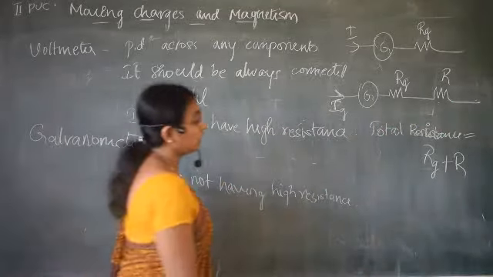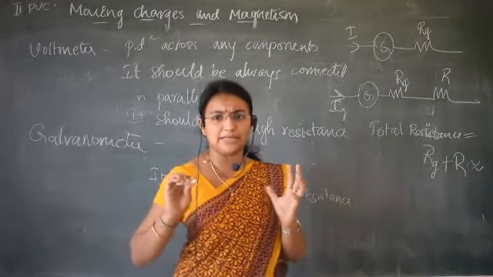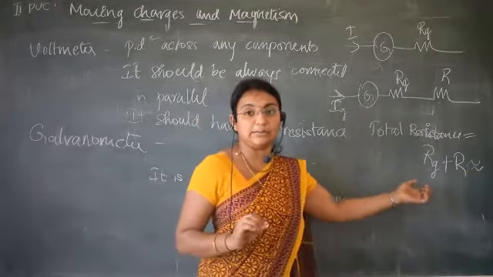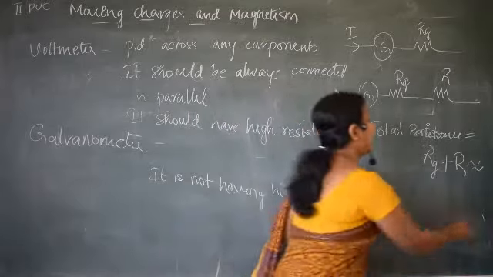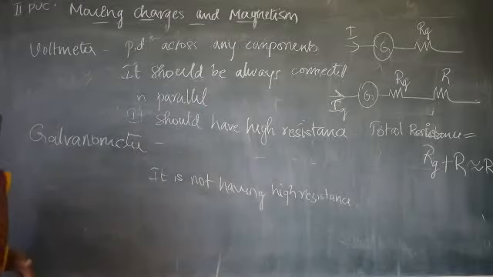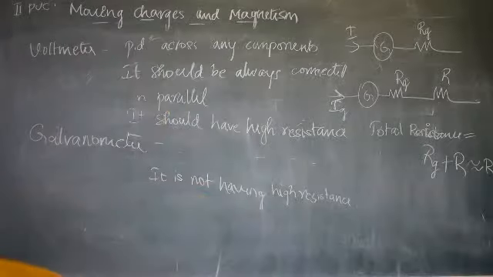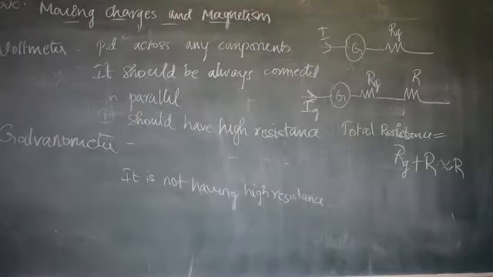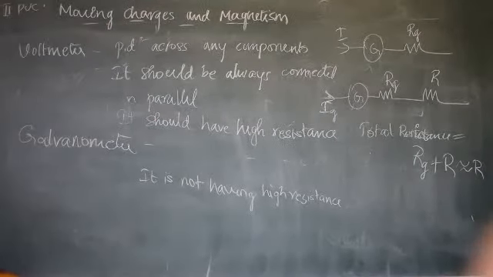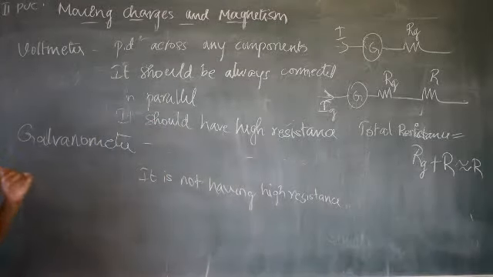A bigger number added to a smaller number will be approximately equal to the bigger number. So Rg plus R is approximately equal to R. Can you see that? Rg plus R is approximately R.